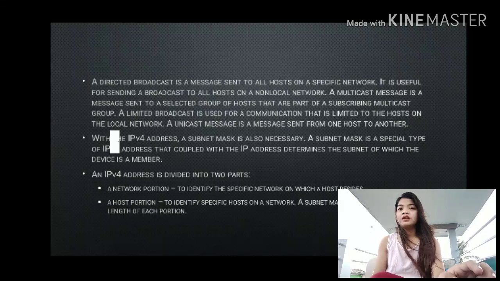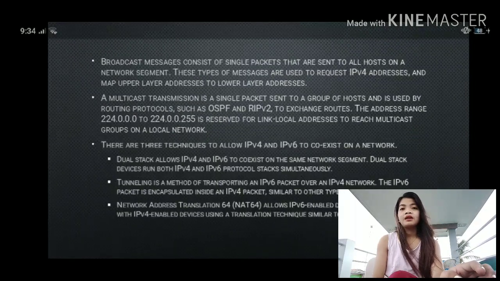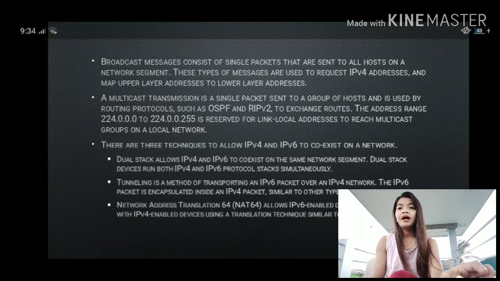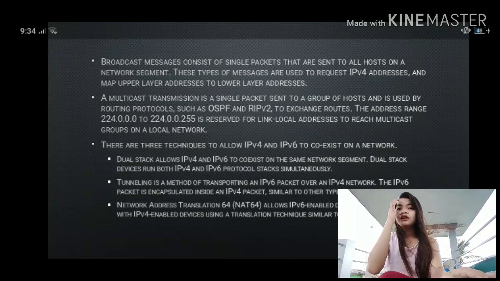Tunneling is a method of transporting an IPv6 packet over an IPv4 network. The IPv6 packet is encapsulated inside an IPv4 packet, similar to other types of data. Network Address Translation 64 allows IPv6 enabled devices to communicate with IPv4 enabled devices.